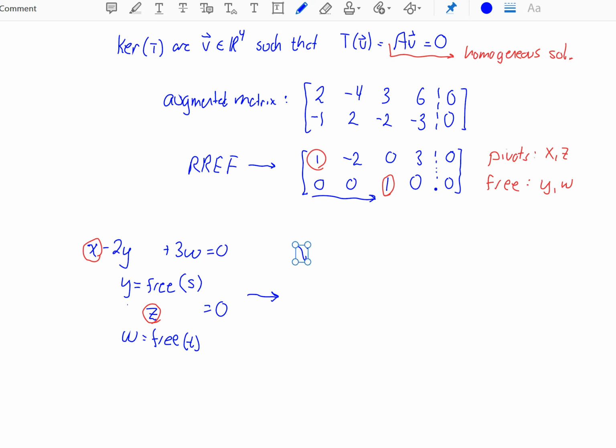So let's let x equal, we'll move the 2y, it'll be positive, so it'll be 2s. Move the 3w over, it'll make it negative. We'll call it minus 3t since w is really t. Y is equal to s. Z is equal to 0. W is equal to t.